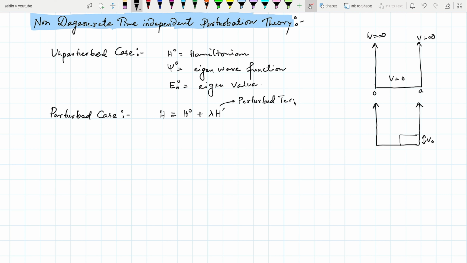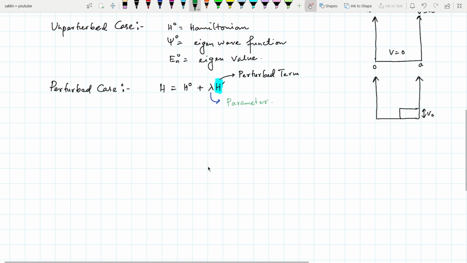Here lambda is just a parameter. Now why is this parameter introduced? This parameter is introduced to simplify our calculation.